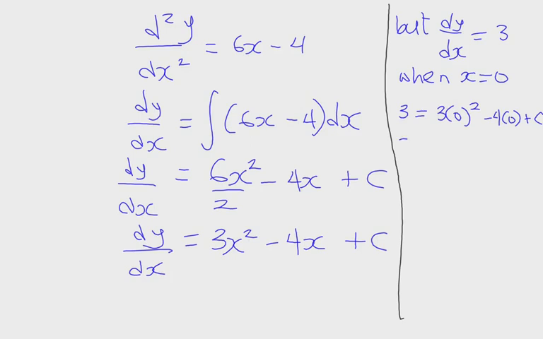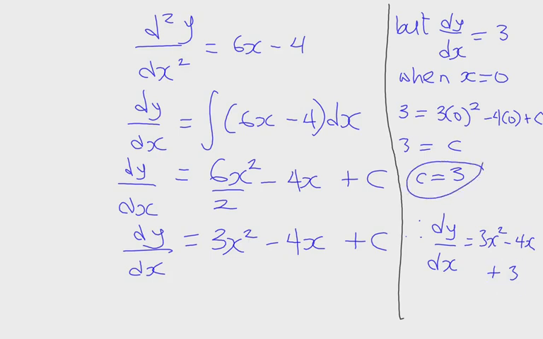So that means we have 3 equals c. That means c is equal to 3. So therefore dy/dx is equal to 3x squared minus 4x plus 3. So instead of writing c, write 3, because we have gotten the value of c to be 3. Okay, so we continue with that.